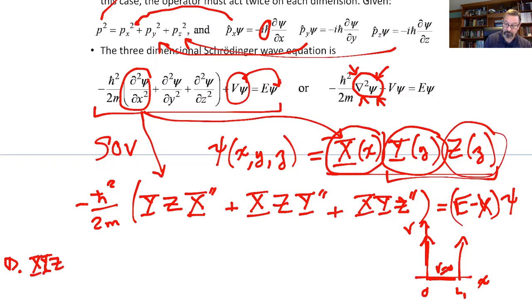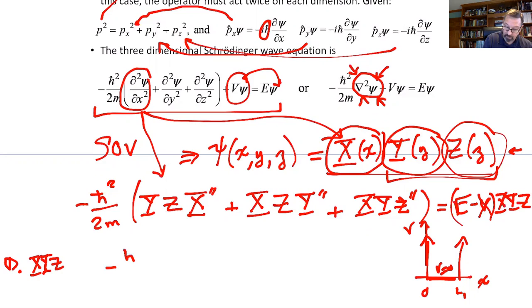Okay, so let's see what that looks like. Oh, and perhaps just to be clear and consistent, I was running out of space right there. But after I brought V to the other side of the equation, psi here is X Y Z, right? That's our substitution step. So to be consistent, I had to substitute that in as well. And so dividing by the x, y, and z functions does this for me.